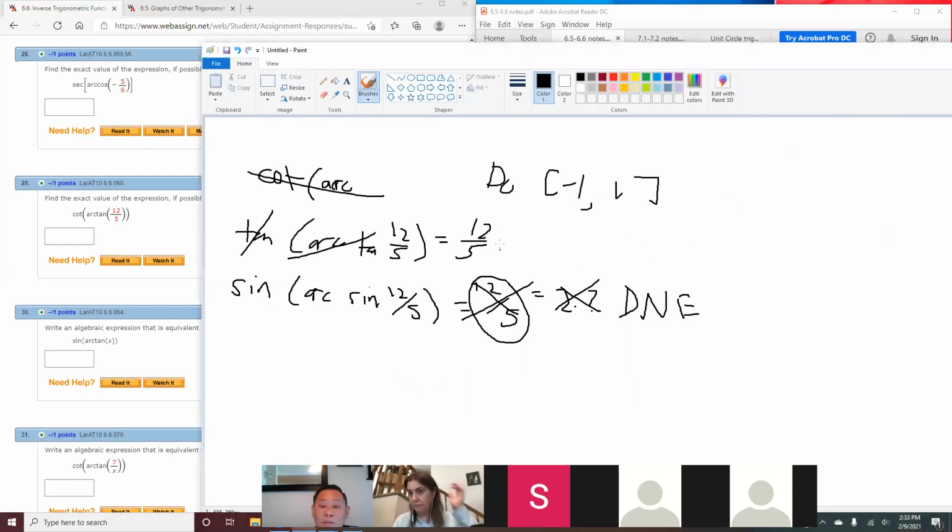So that means this works. You guys okay here? Let me give you another one. Sine and cosine have the same domain here. So let's do cosine, arc cosine of -1/2. What is this?